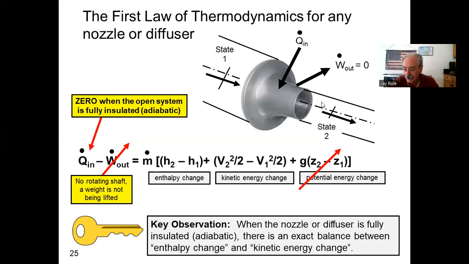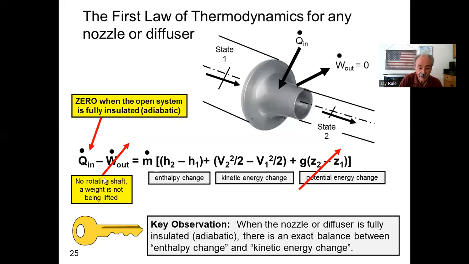So I've struck that out. I hope that I've convinced you that there's no shaft coming out of this control volume. And when operating with flow, this control volume is not lifting a weight. Now, the kinetic energy is transformed into thrust to lift or propel a rocket, but the control volume is not doing any work.